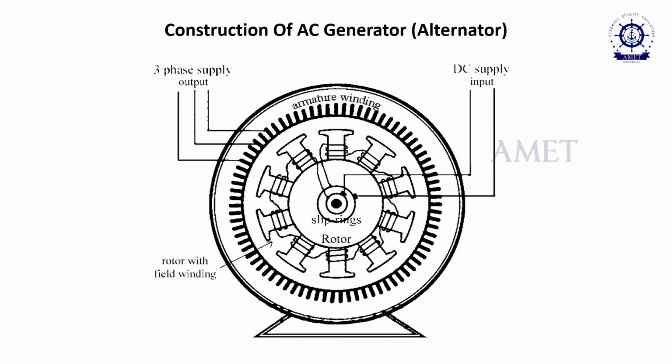But in an AC generator, this is the construction. The construction is a little bit different from the DC generator. Here also there are two main parts, stator and rotor. The stator houses the armature conductors and the rotor is meant for the field poles.